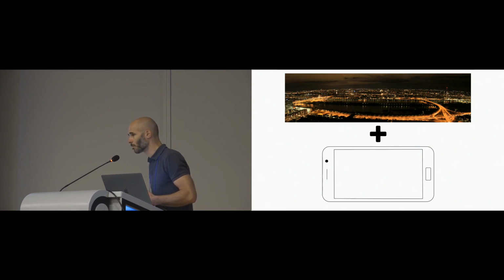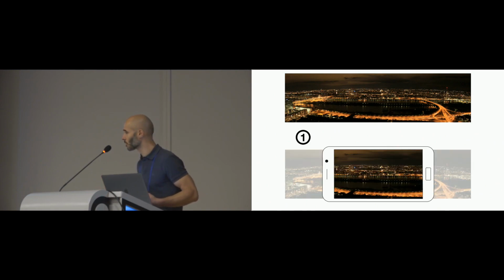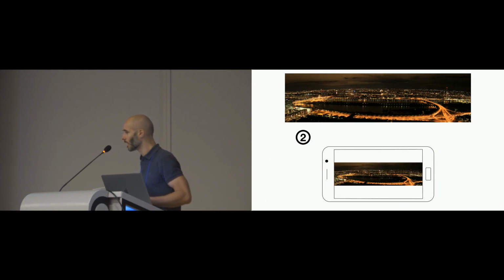Here, I want to display a panoramic image on my mobile phone. So I have several solutions. The first one is I display just a part of the image, but I do not enjoy my panorama. The second one, I display the complete panorama on the phone, but I have these dirty bars on the top and the bottom of the panorama, and the panorama is quite small, so I cannot enjoy the full resolution of my screen.